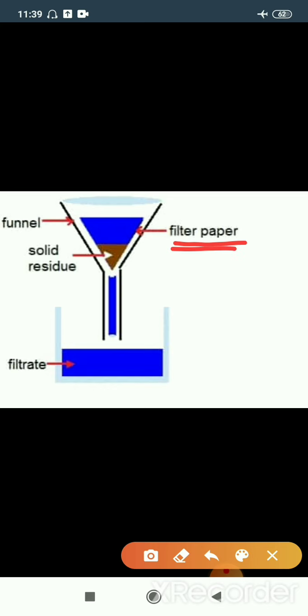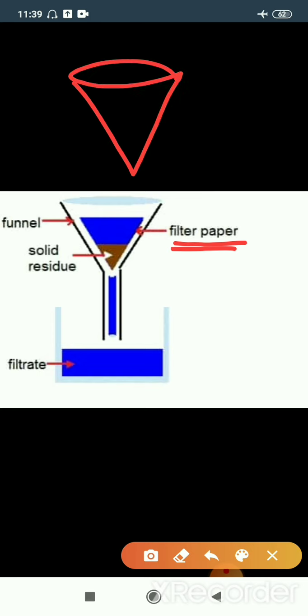The filter paper needs to be given a cone shape. Now we need to arrange this filter paper in the funnel. So you can see this blue funnel, and we kept the filter paper in it. Now we need to pour that salty water into this funnel.